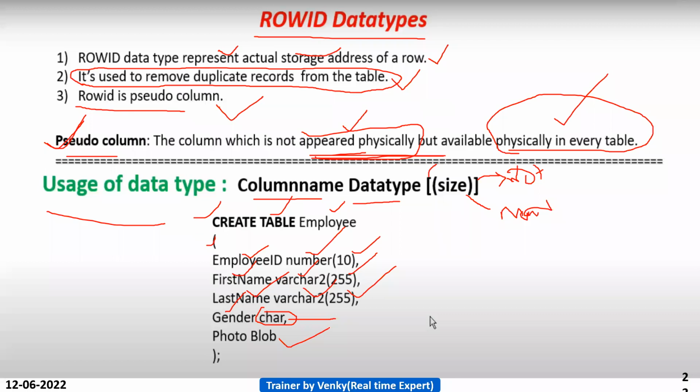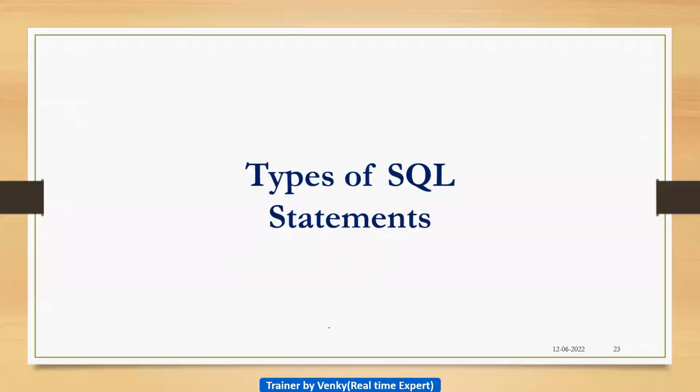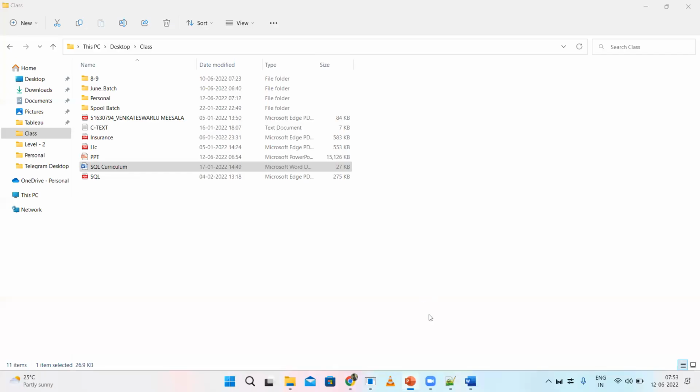If you want to store unstructured binary data, we have to go for the RAW data type or BLOB data type. Okay, clear guys? Those are all the data types. Anyone having any doubts on the data types?